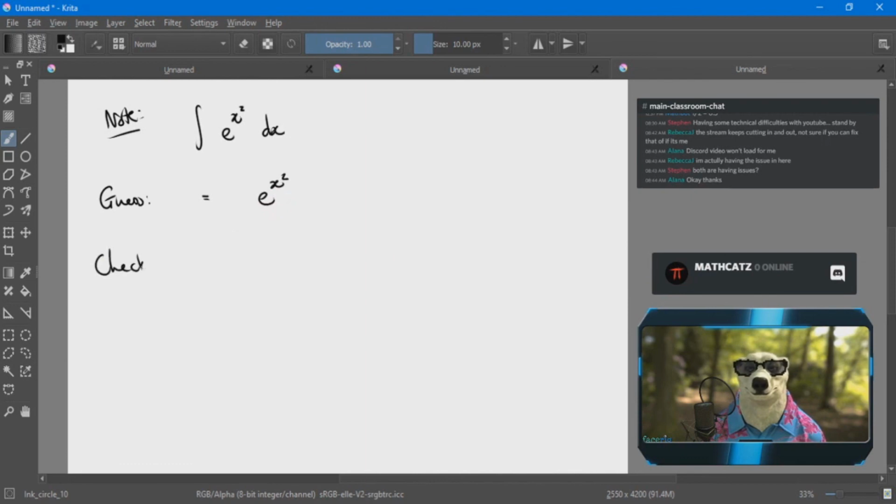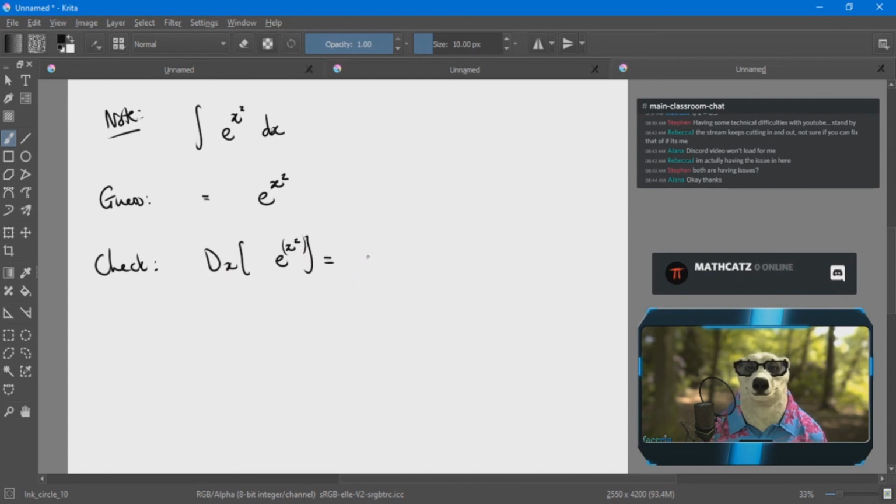And then my check, now I take the derivative of e to the x squared. Well, I leave some space because maybe there's a correction needed or something. Take the derivative of that. I see, well, this is a function of a function. Taking a derivative is the chain rule.